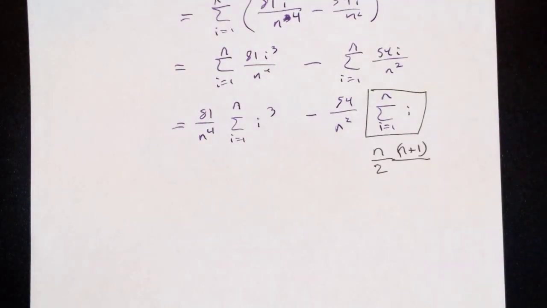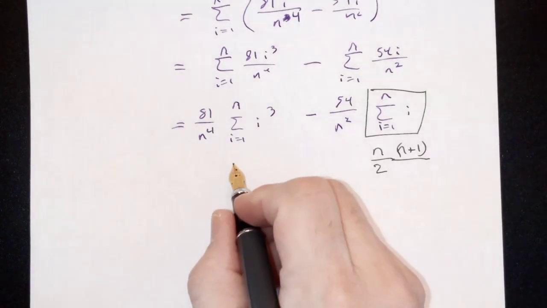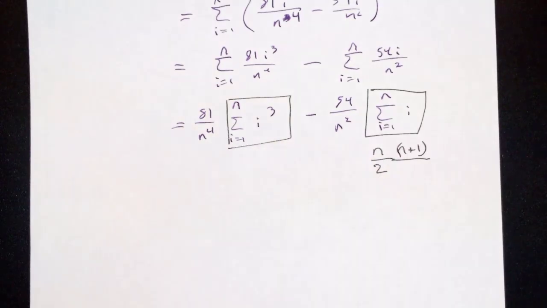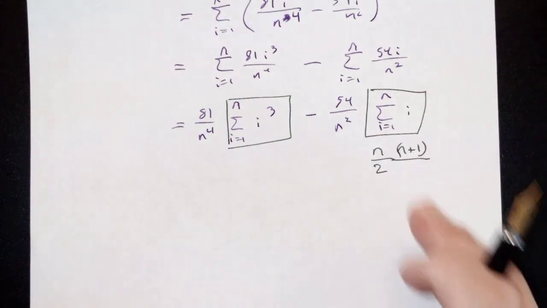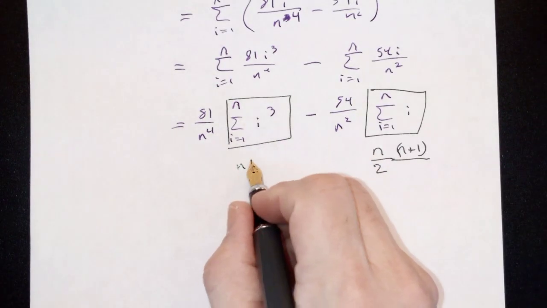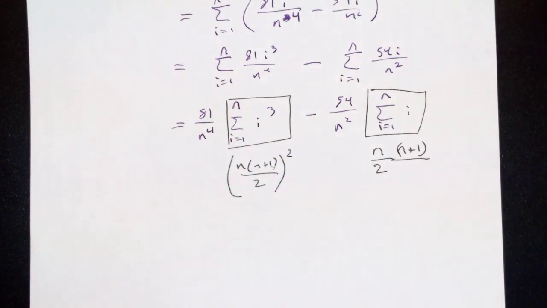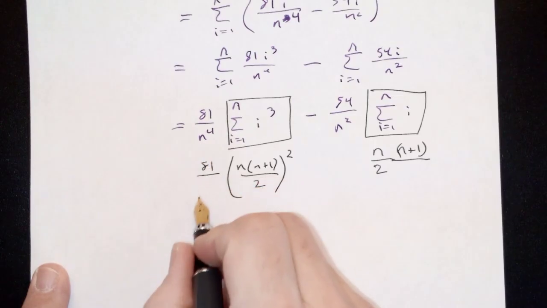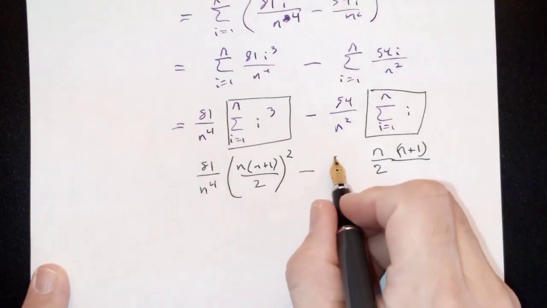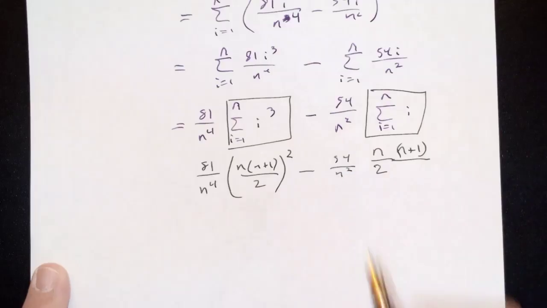But the bottom formula here is the sum for cubes, and that means I can actually work this one out. This one turns out to be the square of this one. Wait a second. Let me put those coefficients back on there.